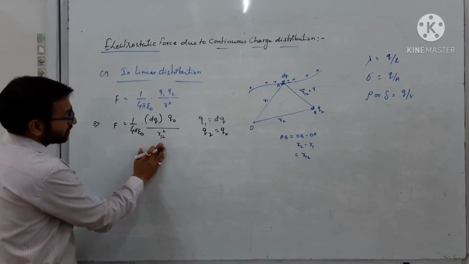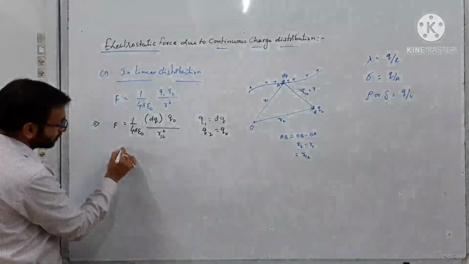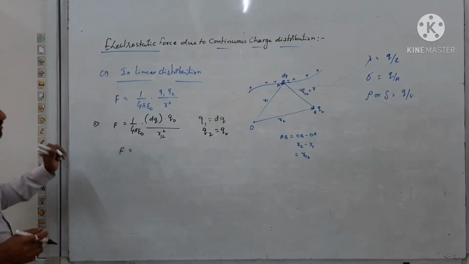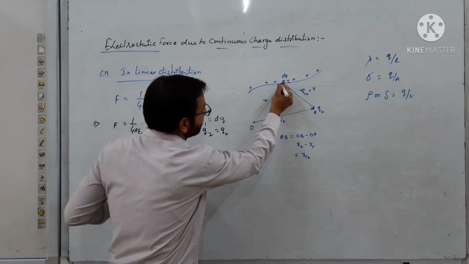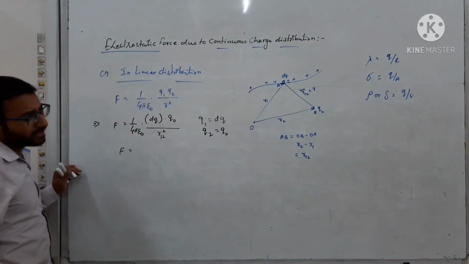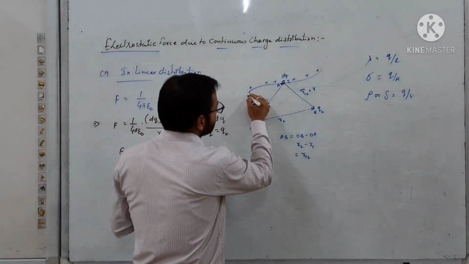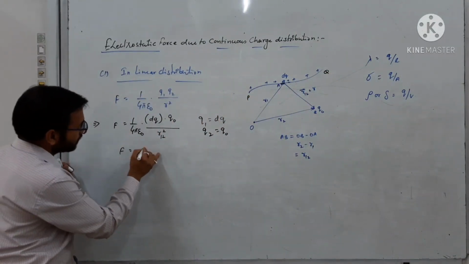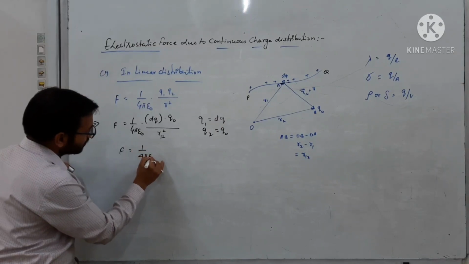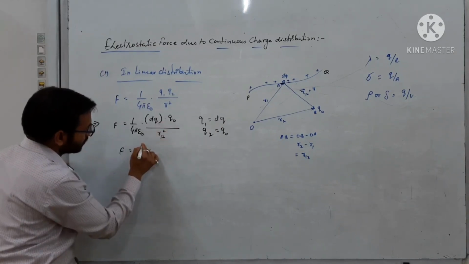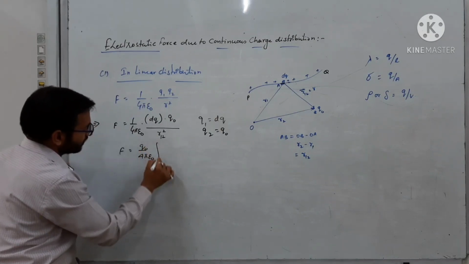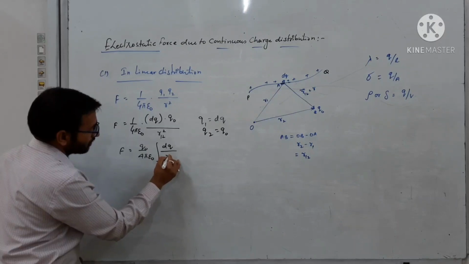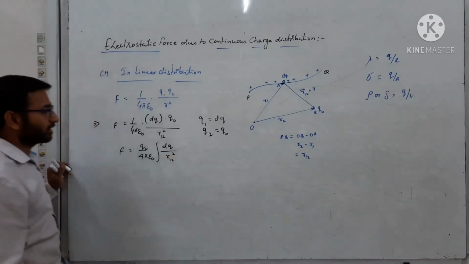It is in magnitude. Listen carefully, here I am writing this force only for this elementary length, but if we think about the whole length from point P to Q, we will use the linear integral, meaning the constant part, which is q naught, will come out, and the remaining variable part will be in the integral.